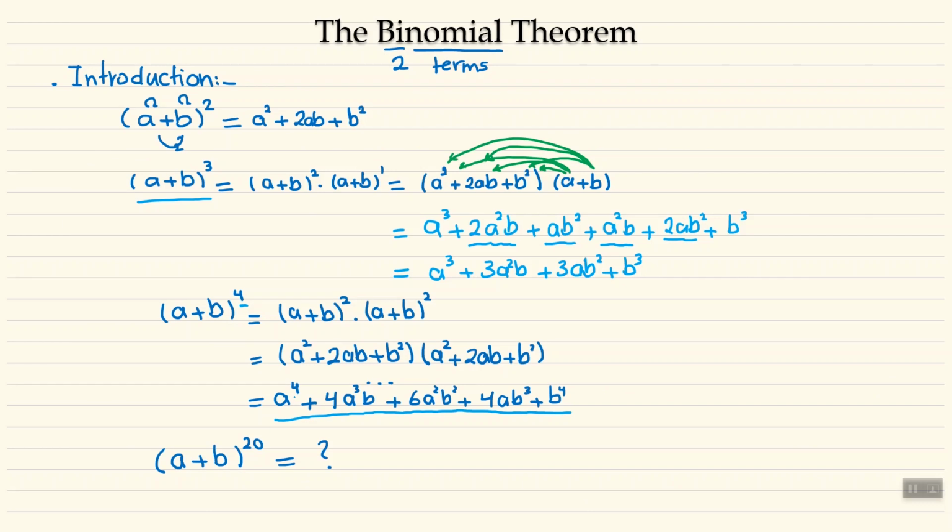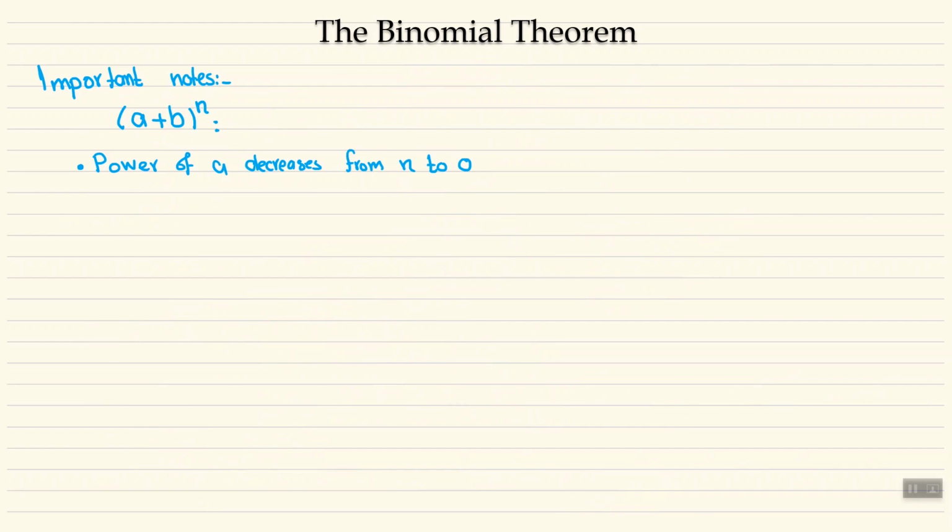Look at the power of a. It was 4, and then it became 3, and then it became 2, and then it became 1, and then here there is no a, which means that a has a power of 0. So the power of a decreases until it becomes 0, from n to 0.